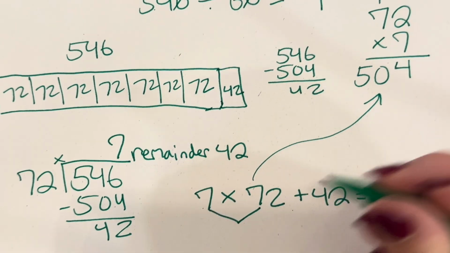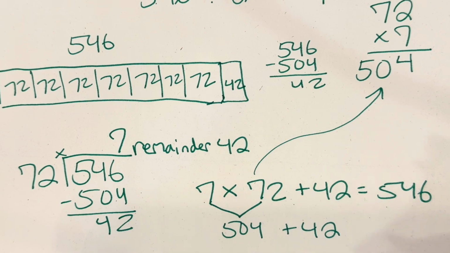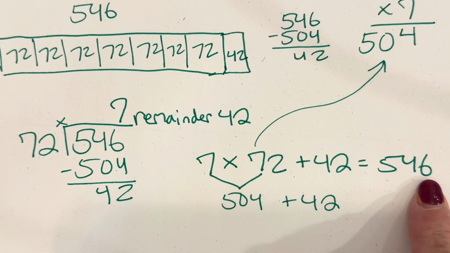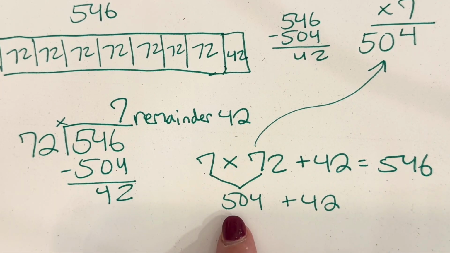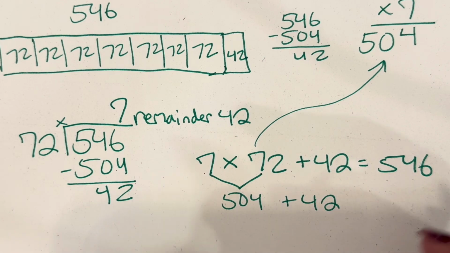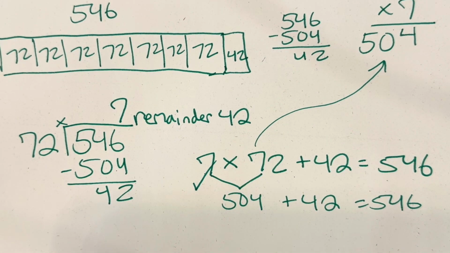We said it's 504. So 504 plus 42 should equal 546. And we could do some side work and check that. Or I could say 500 plus 40 is 540 plus 4 plus 2. So I do know it equals that. So that's a good way to check it.